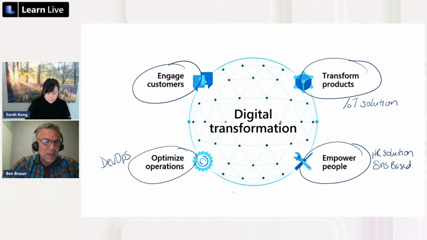From a digital transformation perspective, if you want to bring services or applications to the cloud, you're most likely going to optimize in that manner. We'll get into all that in a second.